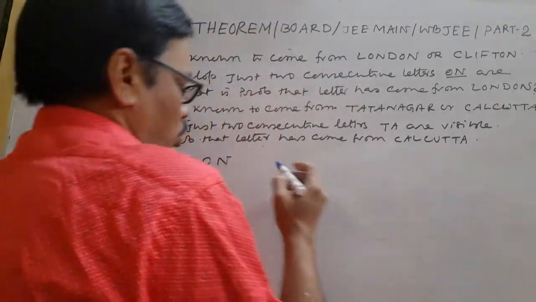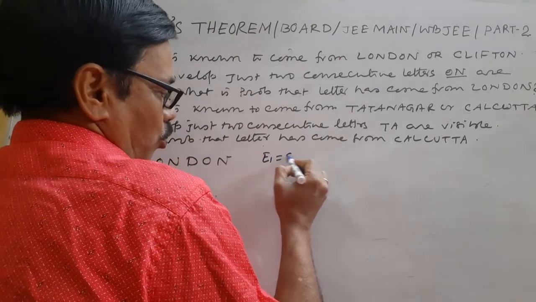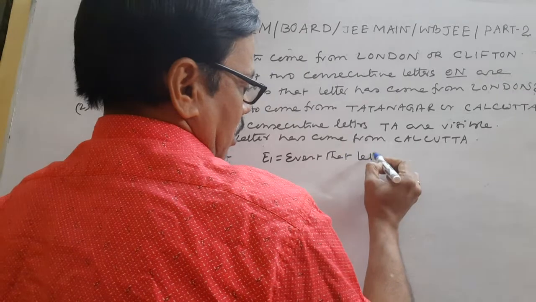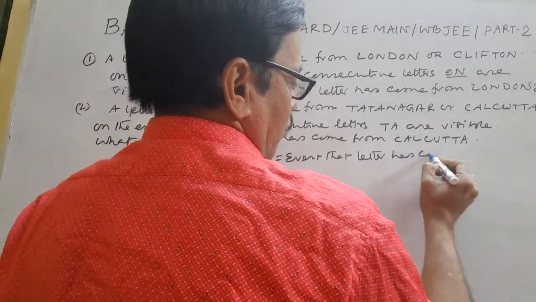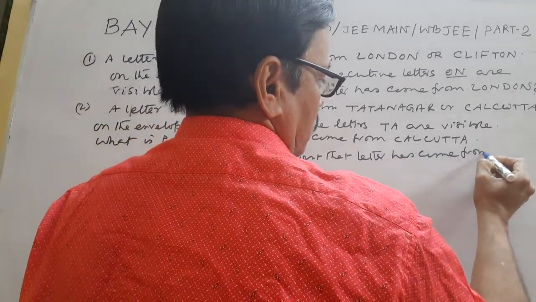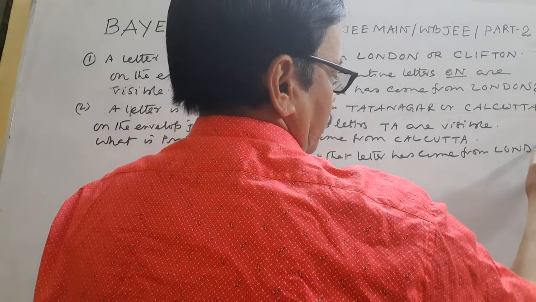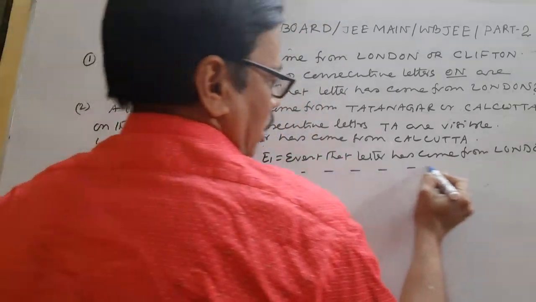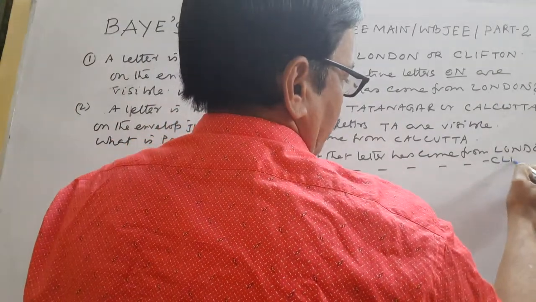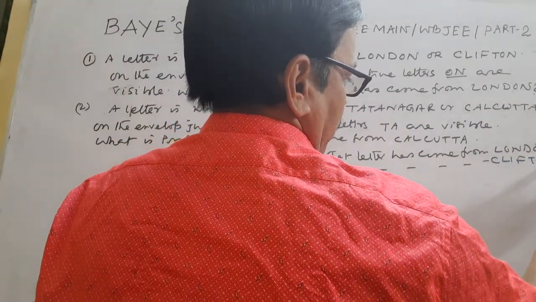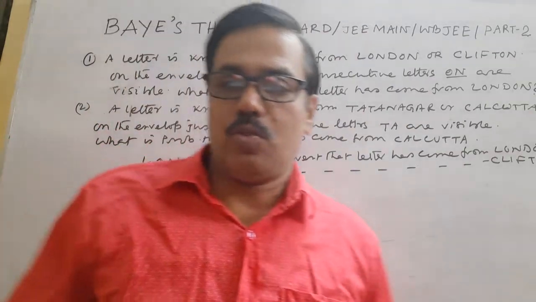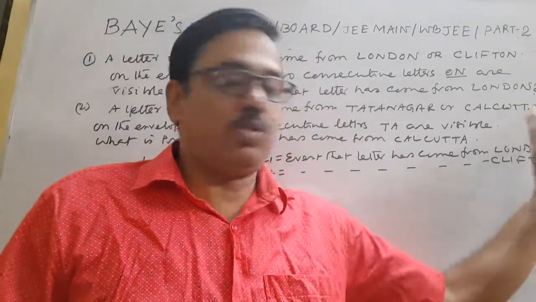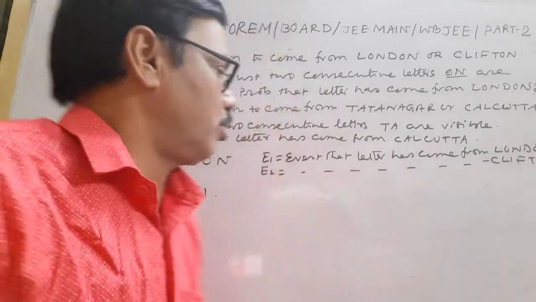So what is event 1? E1 equals the event that the letter has come from London, and E2 the event that the letter has come from Clifton. So we have to define two events E1 and E2.